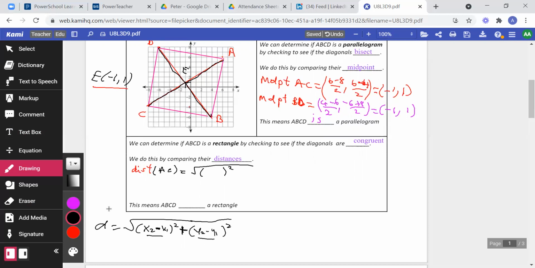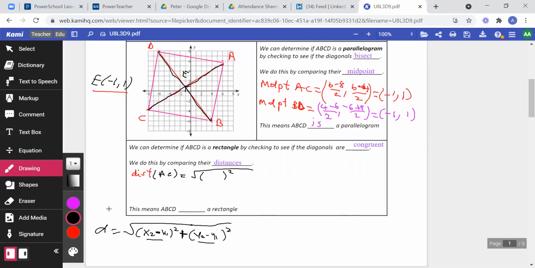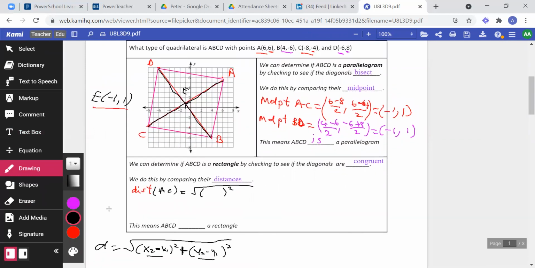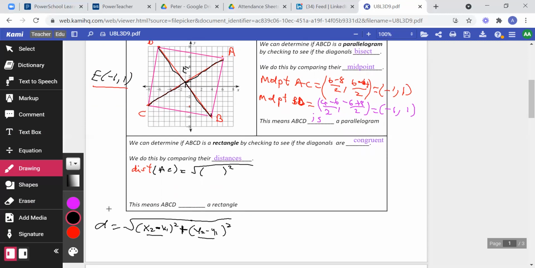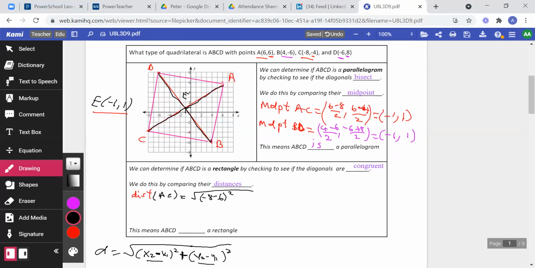So if we do that, in our first component, we are dealing with A and C. The x value of C is -8. So we're going to take -8. The x value of A is 6. So minus, there's already a minus here. So -6.